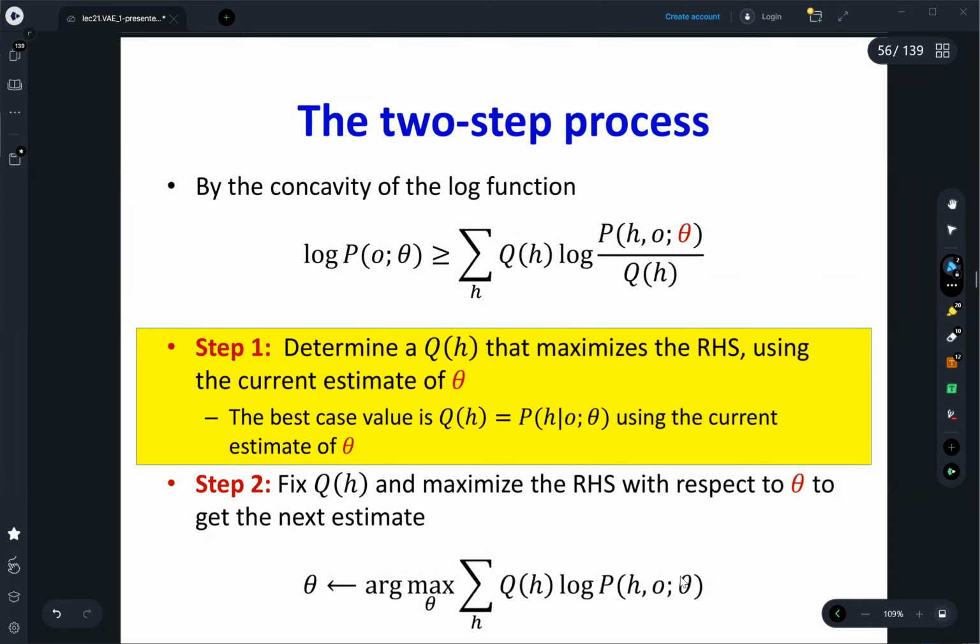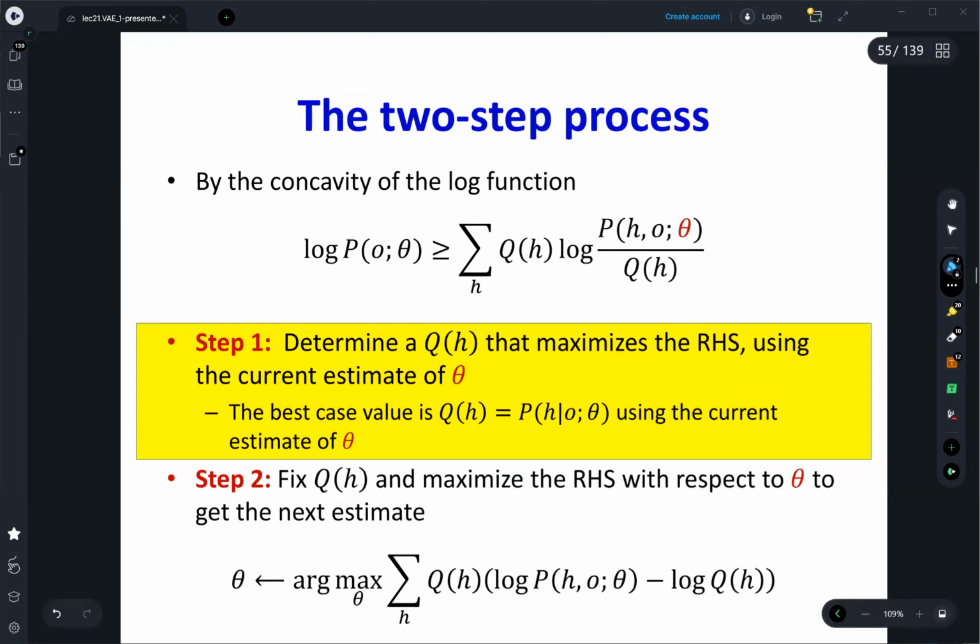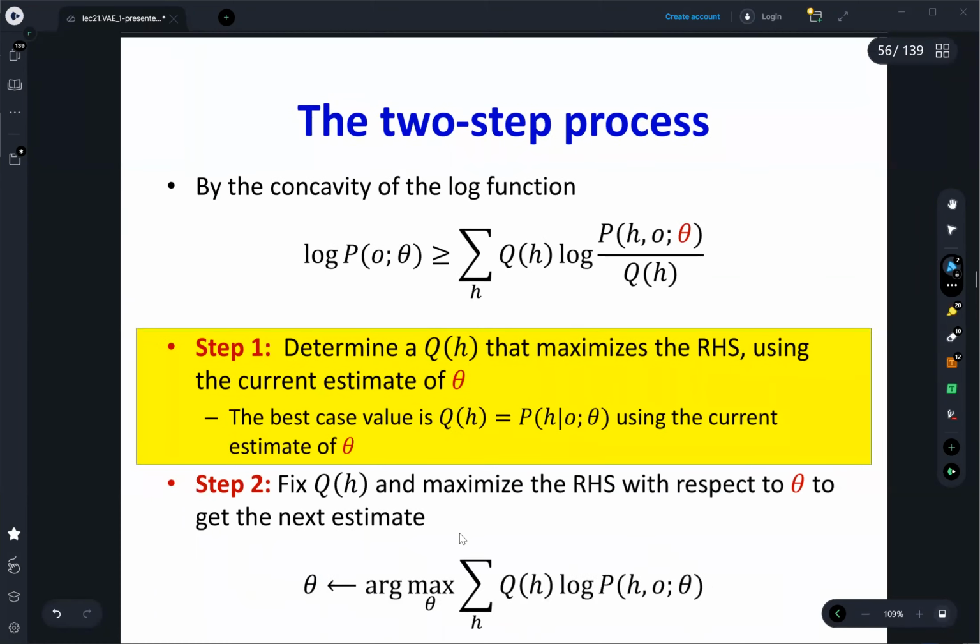And so you're going to choose the theta to just maximize this first term. You're going to choose the theta such that for the given Q of H, the convex sum of log of P of H comma O over all H's is maximized. So this is the basic theory of it.